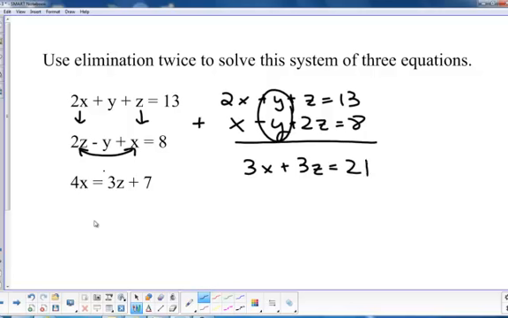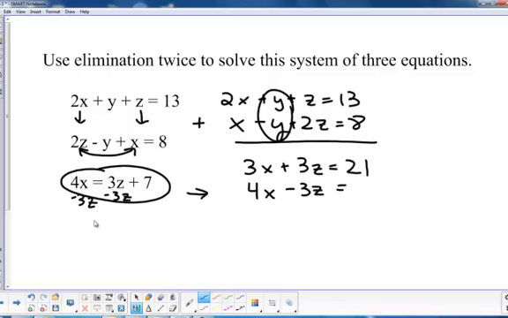Now I have another thing with an x and a z. So I can bring that 3z back through subtraction. And I can write that equation as 4x minus 3z equaling 7. And now I can eliminate through addition, getting 7x equals 28, so x is 4.